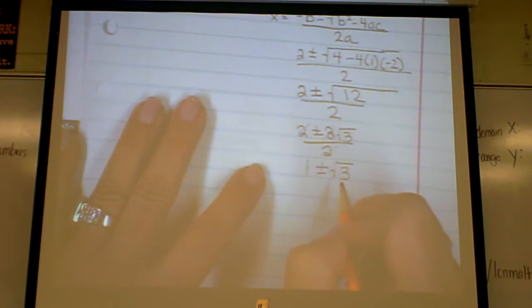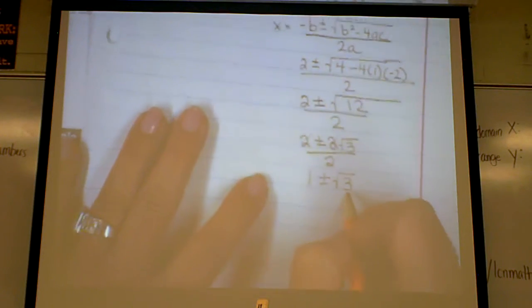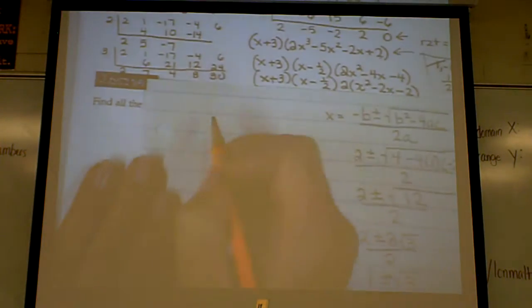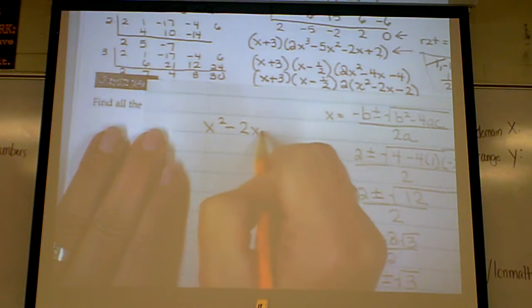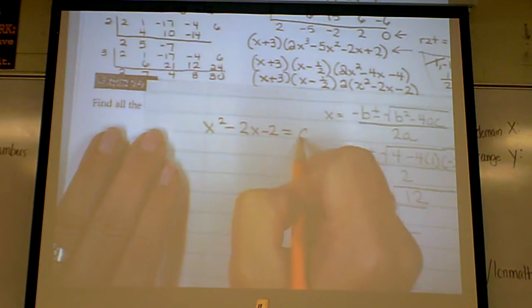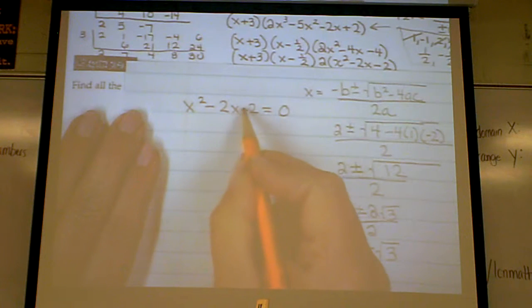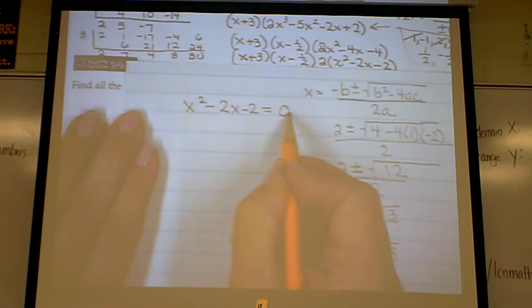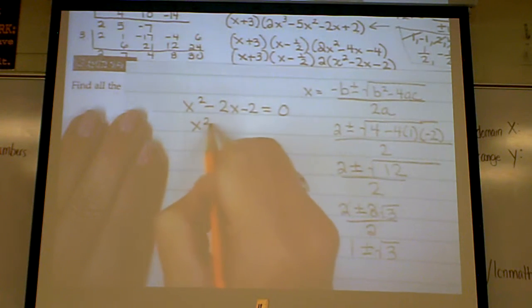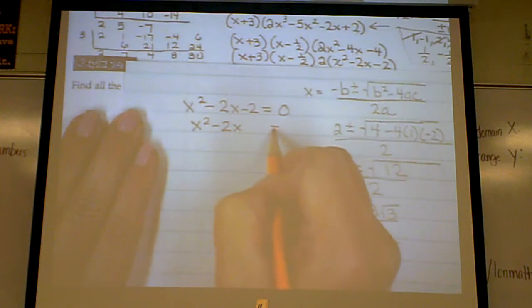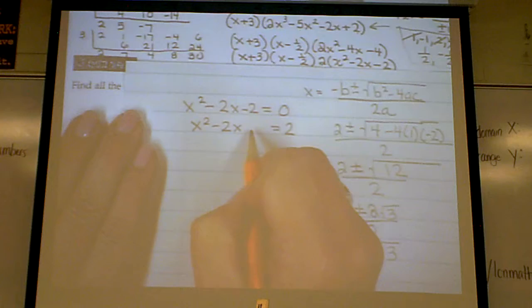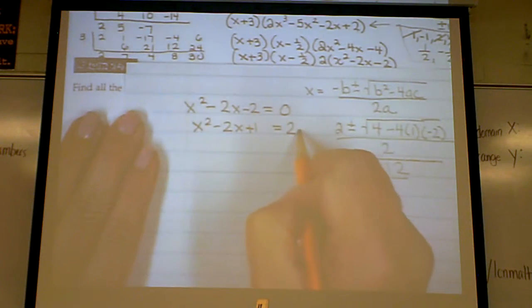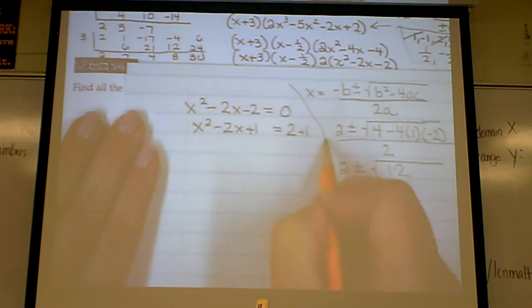Could I have gotten this answer doing it a different way? Yes. I could have completed the square. How do you complete the square? What do you do with this -2? Bring it over to the other side. Then do you remember what to do? You take half of -2, which is -1, and square it. Remember, you add that number to both sides.